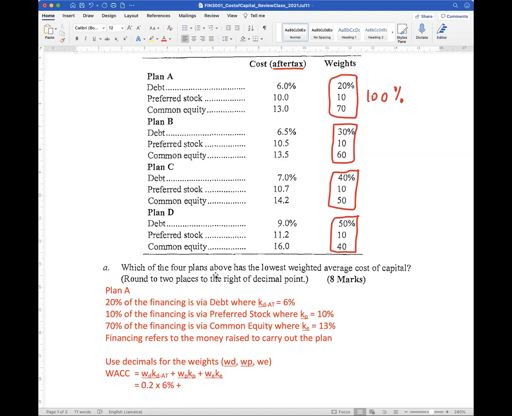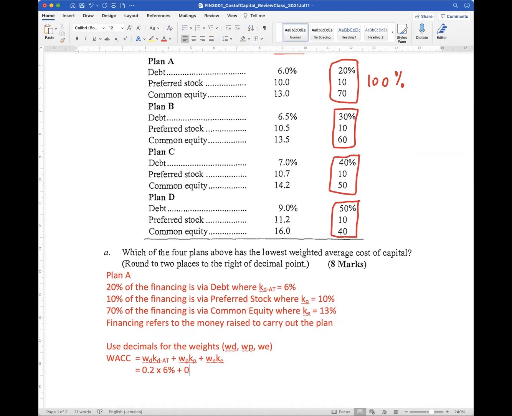Then 0.7, if you want to put 0.70, that's fine too, and that times 13%. So again, always best to work them out individually, just in case there's an error with the final answer, so you can get your partial marks.